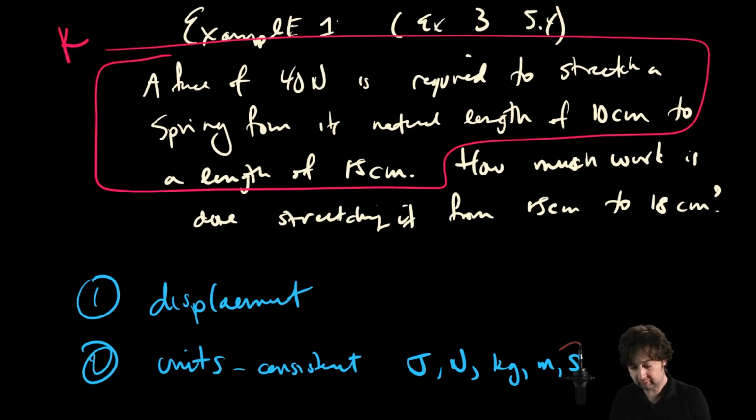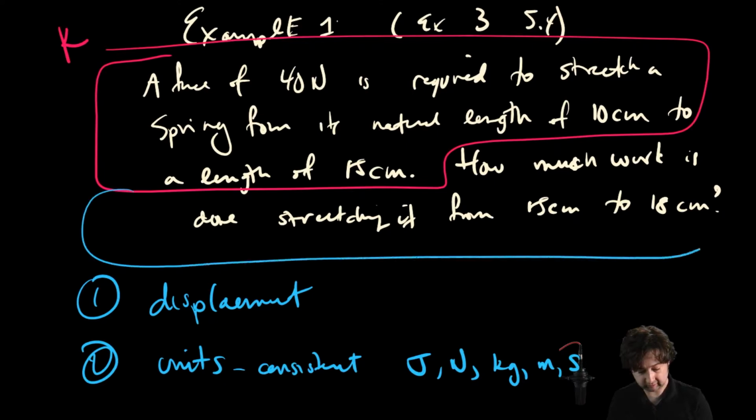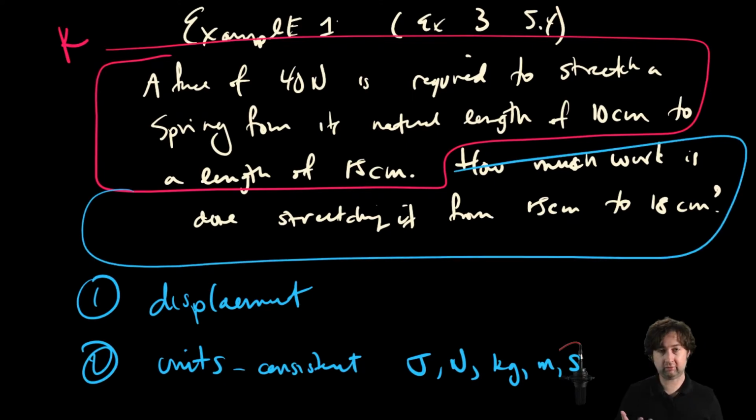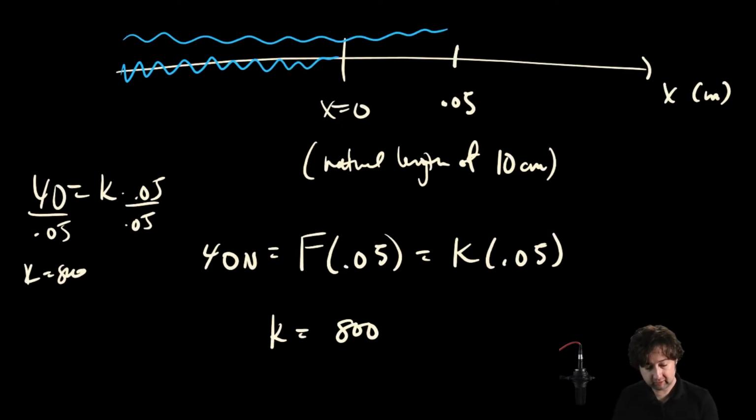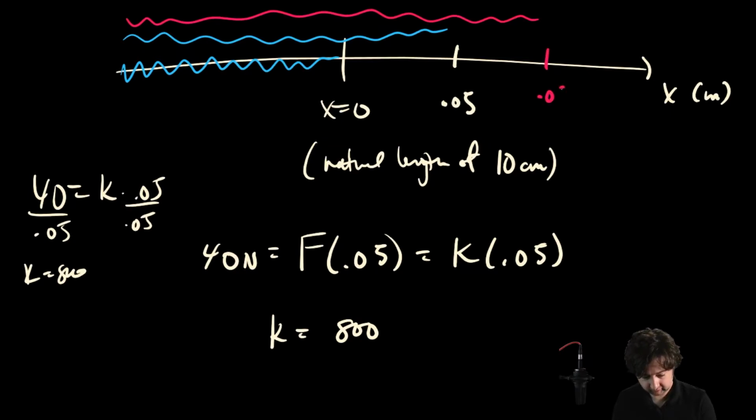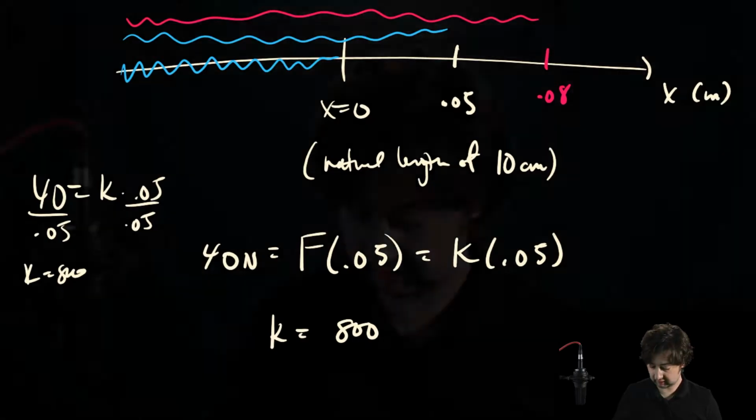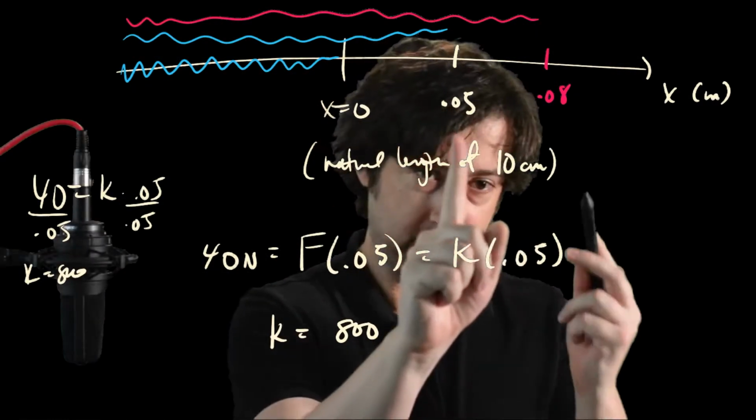The second half of the problem is the calculus half. So that's this stuff. How much work is done stretching it from 15 centimeters to 18 centimeters. What that's asking is, if I'm already at an extension of 5 centimeters past its natural length, and I go 3 more, so I take the spring and I stretch it even more to 8 centimeters past its natural length, how much work did it take to get that thing from here to here?